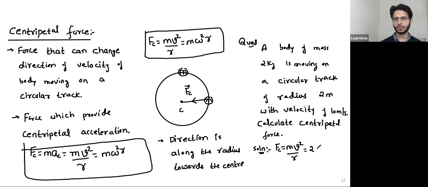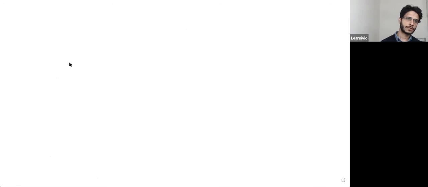Mass of the body is 2 kg. Its velocity is 10, so it's 10 square divided by r, which is 2. So the centripetal force is 100 Newton. So that was about the magnitude and the direction of centripetal force.